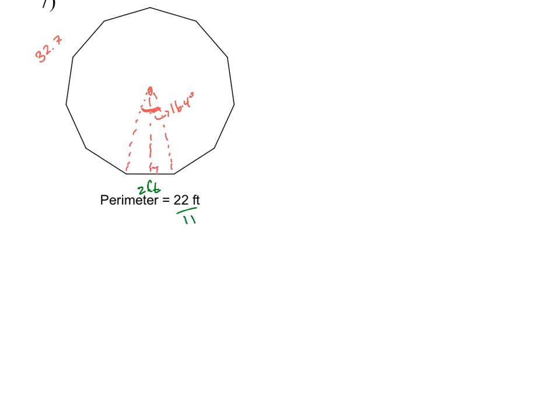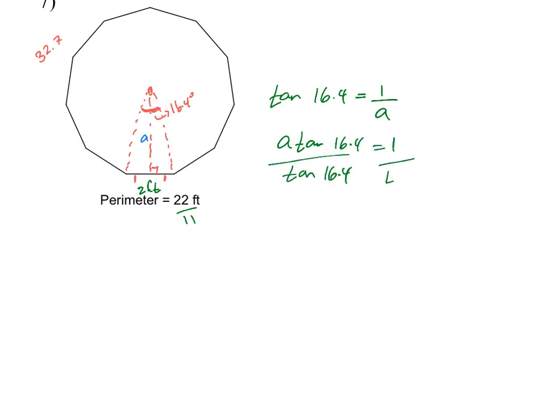So this is 1, and I need to find the adjacent. Again, I'm using tangent of 16.4 equals the opposite over the adjacent. So a tangent of 16.4 equals 1, divided by tangent of 16.4. So a equals 1 over tangent of 16.4, which is 3.3 or 3.4 feet.